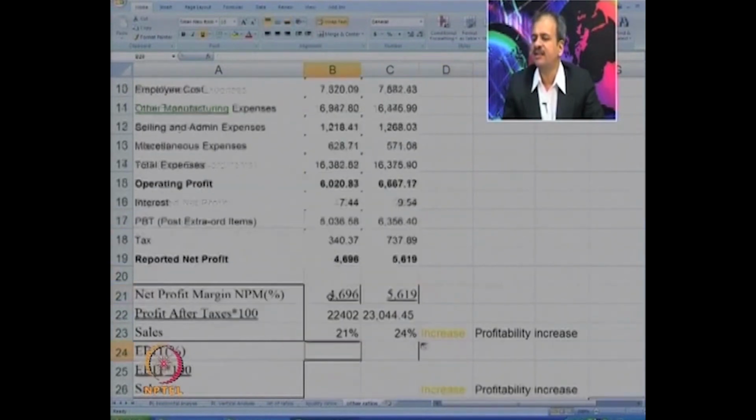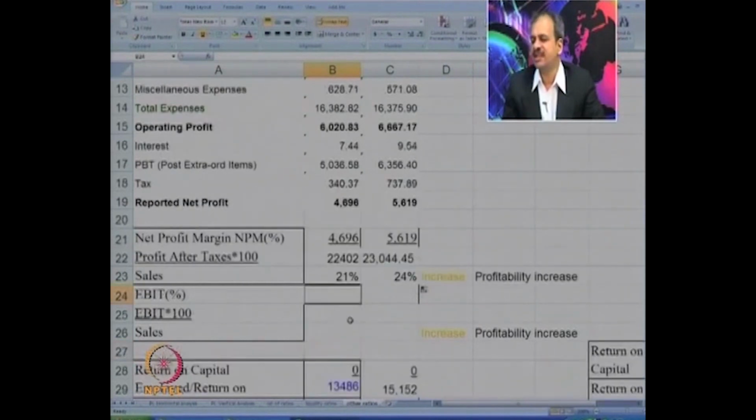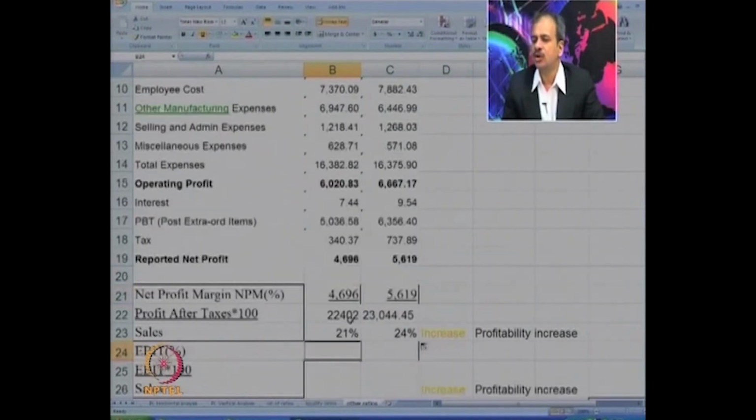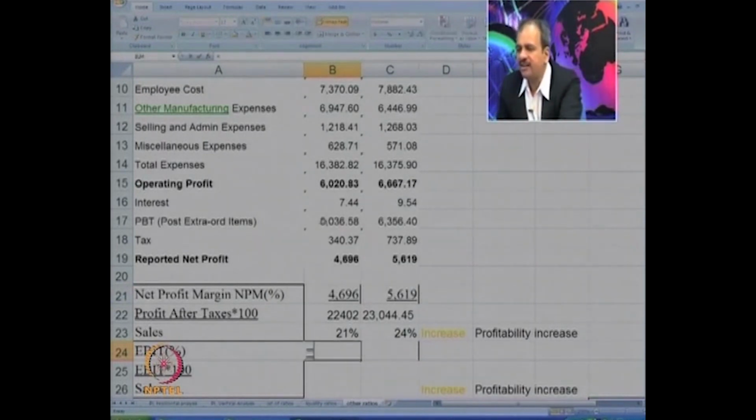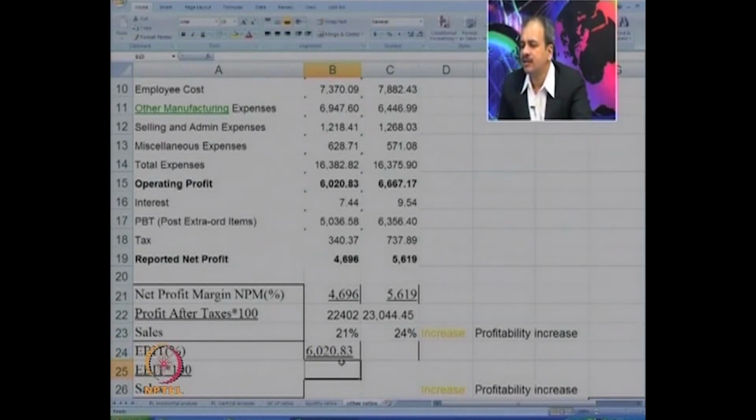Now, the next ratio tries to calculate the percentage of EBIT. We can see there is a figure of operating profit, that is nothing but EBIT, divided again by sales turnover.